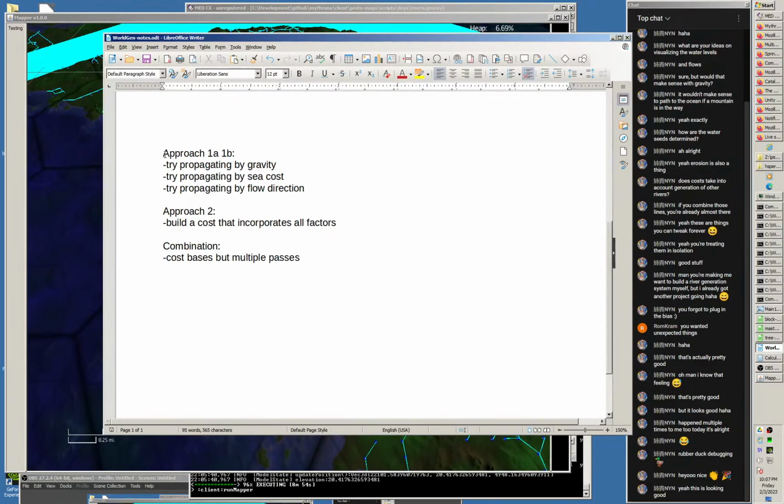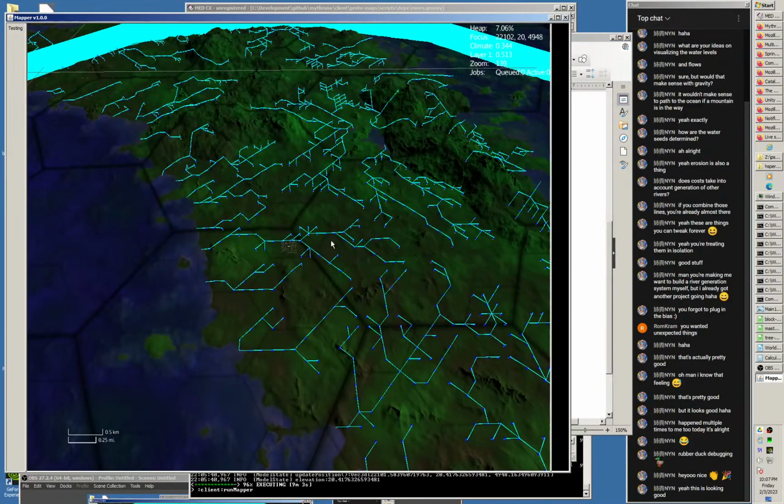If I'm doing it where basically I build a cost at every cell, I can't do that because these rivers are all being built at the same time. So the idea being that maybe some rivers using the first approach or the second pass would make it all the way to the ocean, and then in subsequent passes where I'm trying to cheat a little more, I can cheat less because I already know the mainland is pretty well connected to the sea and so forth.